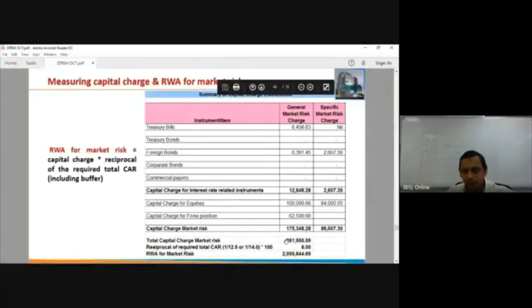We do this by multiplying the capital charge with the reciprocal of your capital ratio. Reciprocal means 1 over 12.5, or 1 over 14 for a DSIB, into 100. So by multiplying the capital charge with the reciprocal of your minimum capital ratio, you get the risk-weighted assets for market risk.